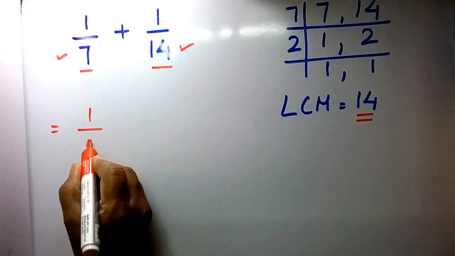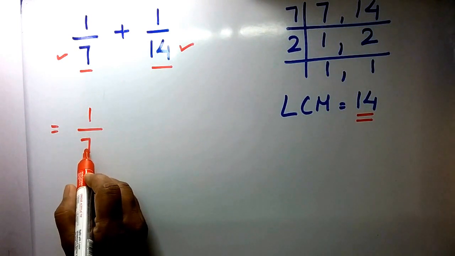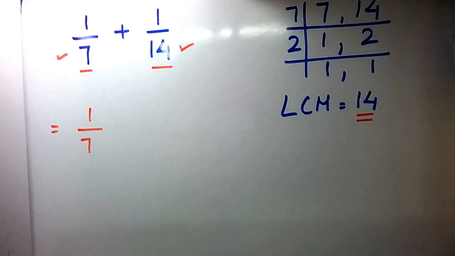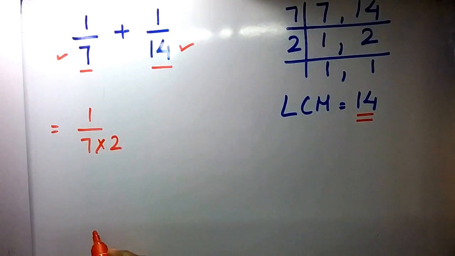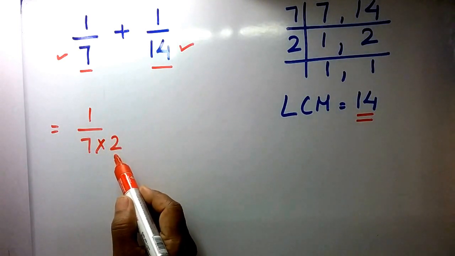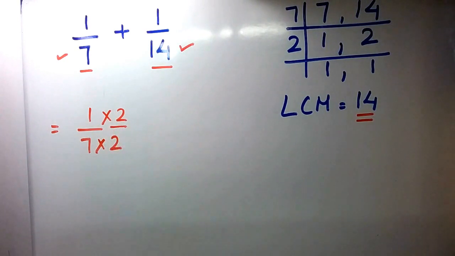Let's write down 1 upon 7. Now, think of the number by which 7 should be multiplied so that you get 14. 7 multiplied by 2 becomes 14. Whatever number you are multiplying with the denominator, the same number has to be multiplied in the numerator.